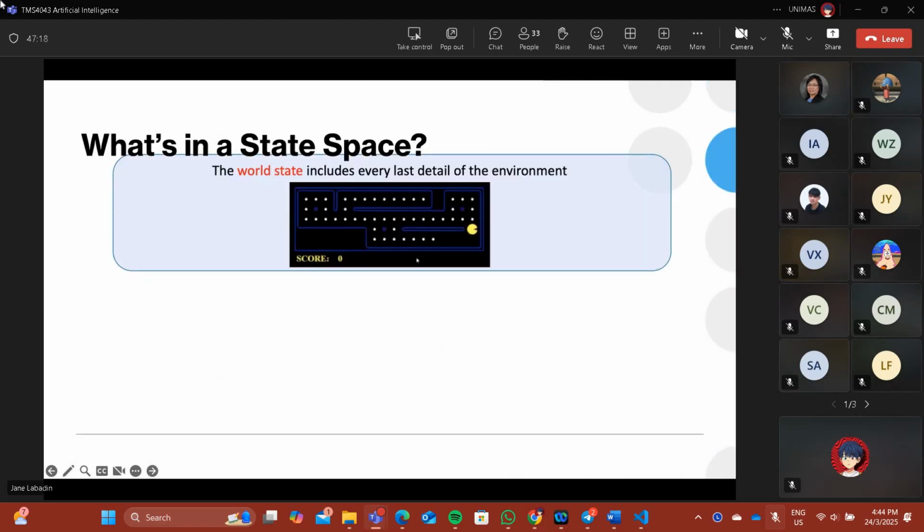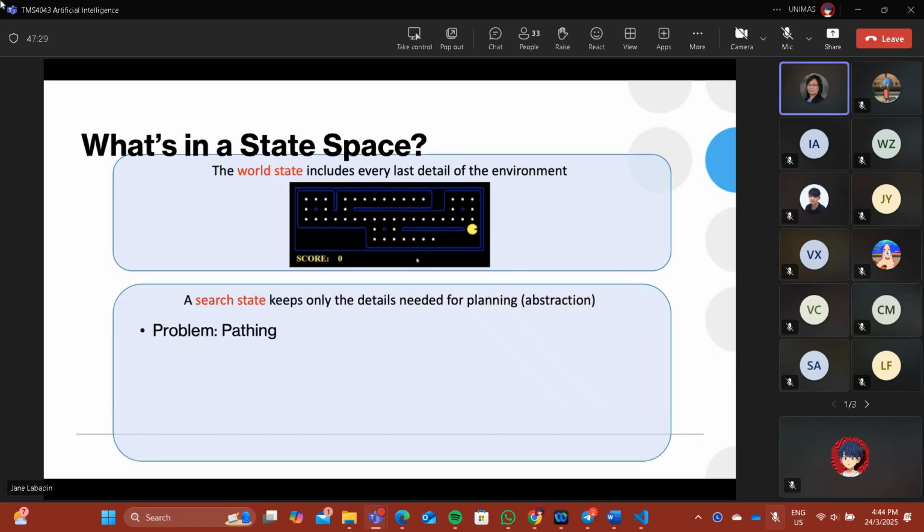Maybe you don't quite see that here now because the environment that we have is small. As I mentioned, the search state keeps only the details needed for your planning.